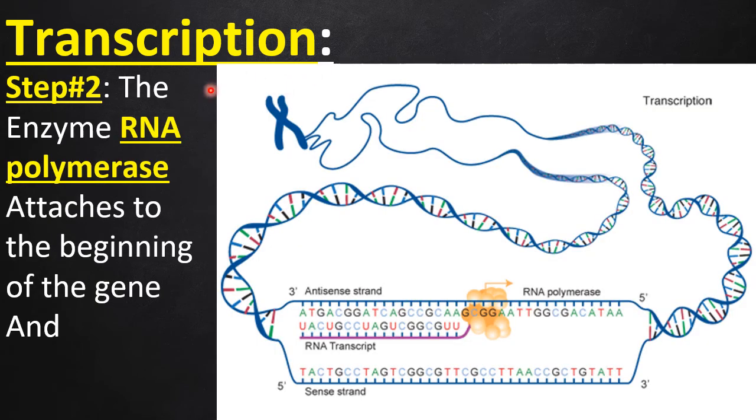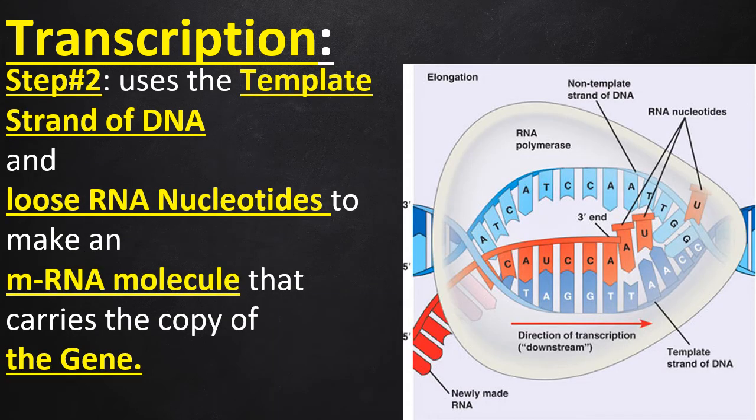During step 2 of transcription, the enzyme RNA polymerase attaches to the beginning of the gene, as you can see here in this picture, and uses the template strand of DNA and loose RNA nucleotides to make an mRNA molecule that carries the copy of the gene. In this picture, you can kind of see it happening.